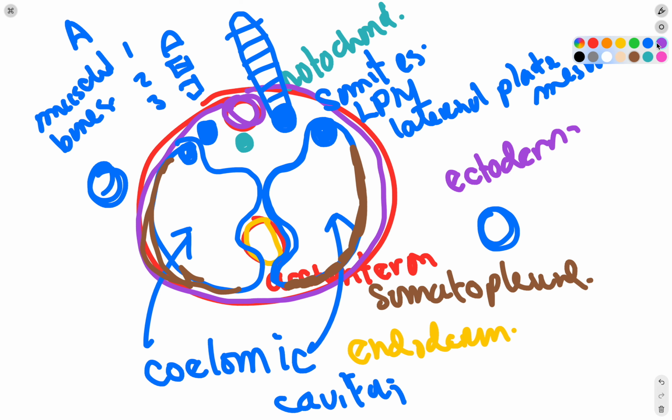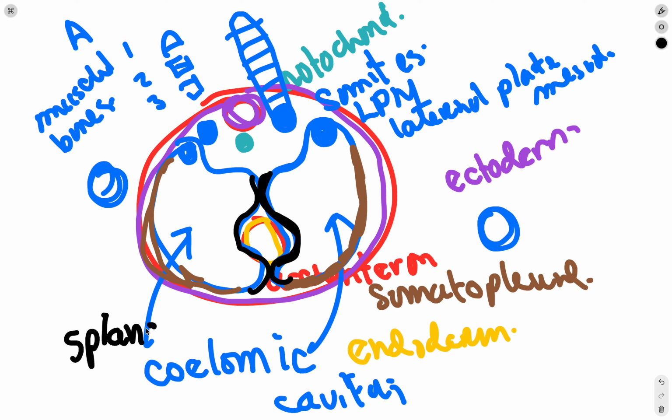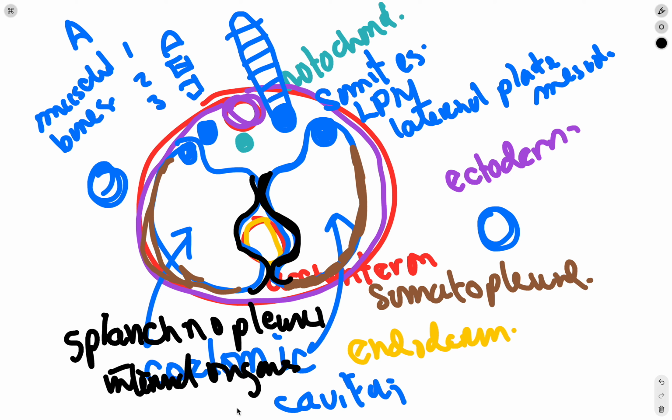On the other hand, these cells are very interesting. The inner part of these cells here, the lining here, these cells are referred to as the splanchnopleuron. And the splanchnopleuron gives rise to internal organs, like the heart and kidneys.